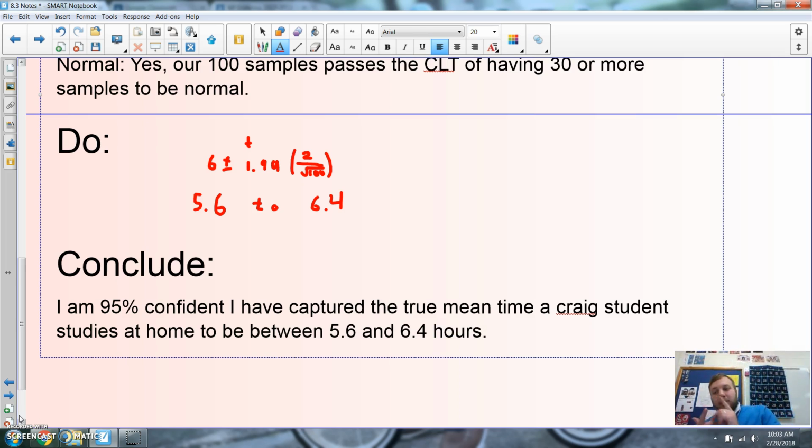Okay, so did I put it in context? Talking about Craig studying. Did I talk about how confident I am? I am 95% confident between that interval. Okay, good. Check, check, check. I think that might suffice.